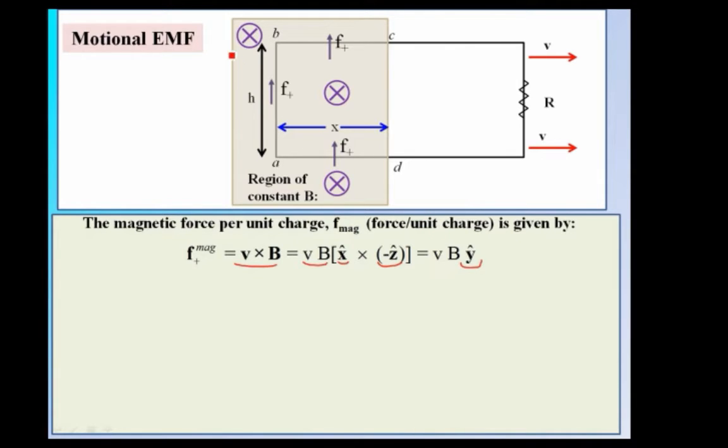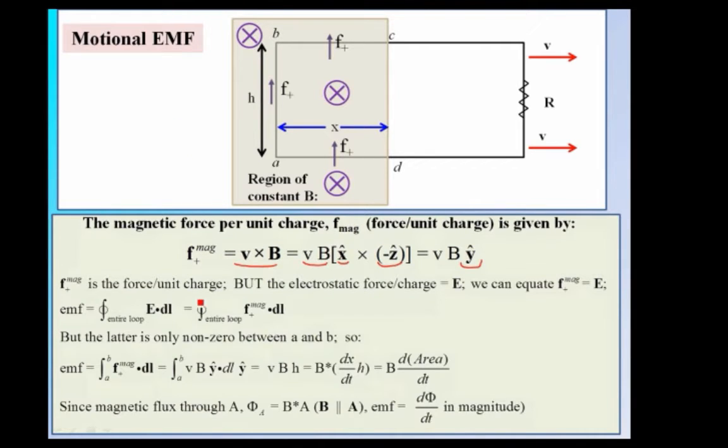Y hat is in the upward direction, so we indeed have them along this arrow here. If we take this force per unit charge, we have to remember that this is equivalent to an E field, because the electrostatic force divided by charge is the vector E. So we can equate those two vectors.